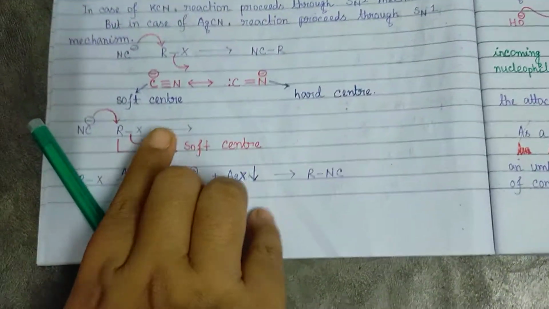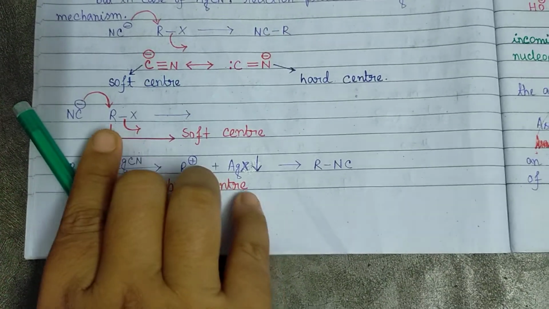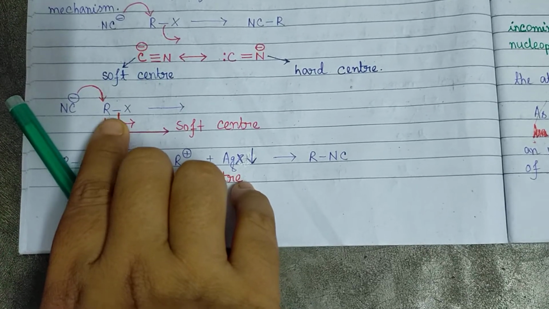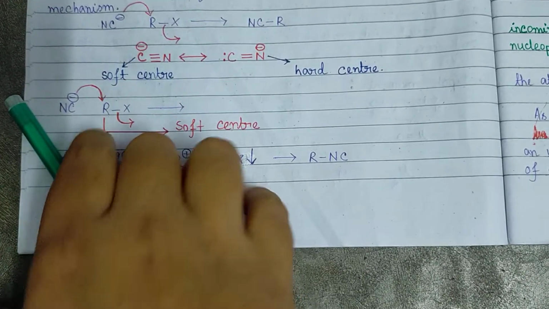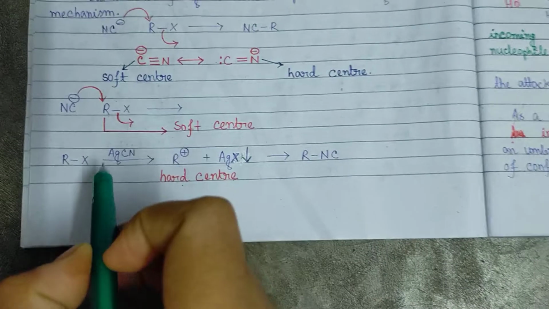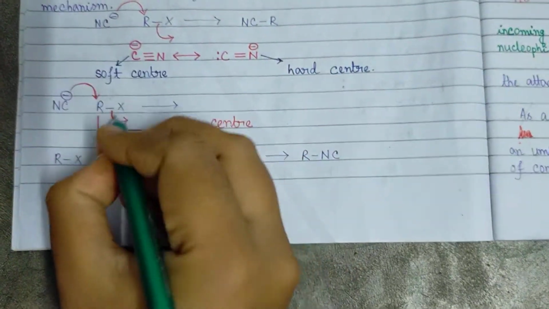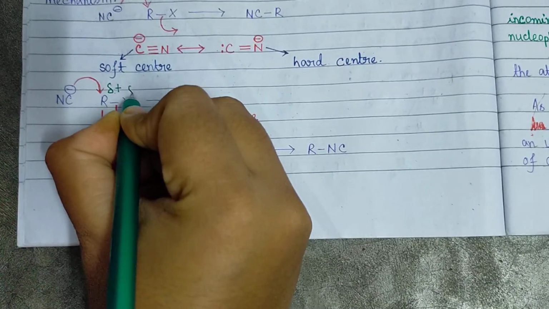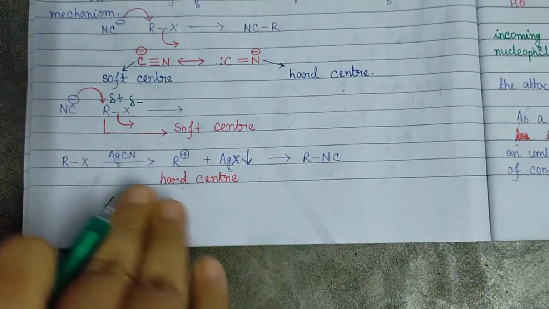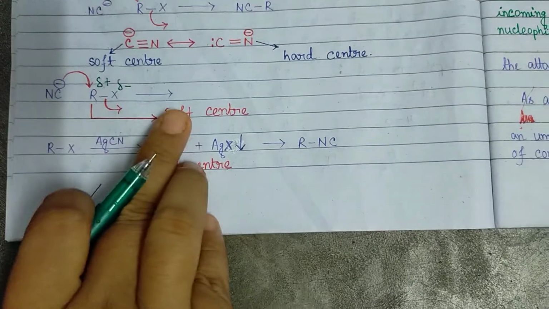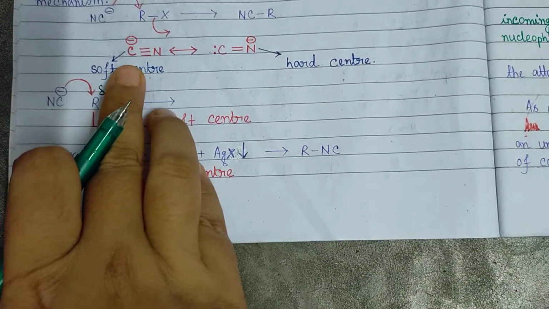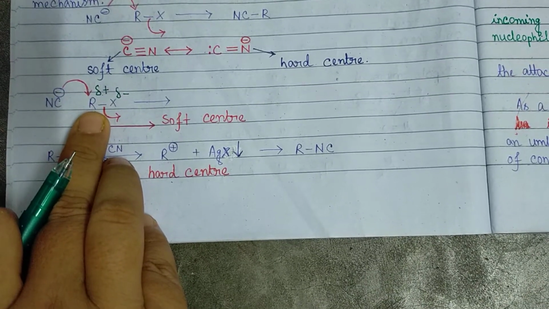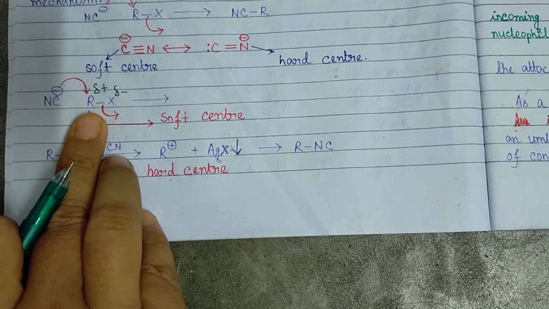In case of potassium cyanide, the alkyl group is also a soft center because it acquires only a small positive charge and the halogen acquires a small negative charge. So between this soft center and the soft center of cyanide carbon, there will be reaction and we can have the product alkyl cyanide.